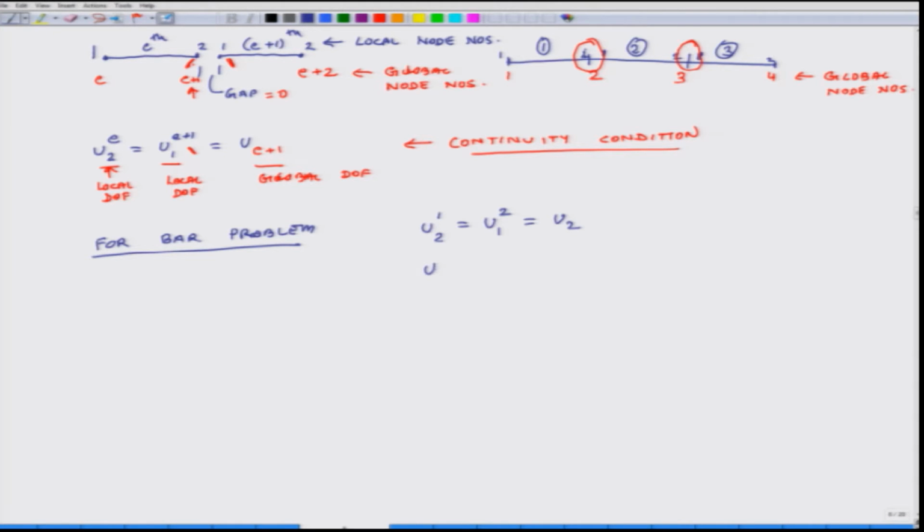The second continuity condition is u2 of the second element is equal to u1 of the third element, which is equal to U3. Once again, U is global and the lowercase ones are local DOFs. So this is the first thing.